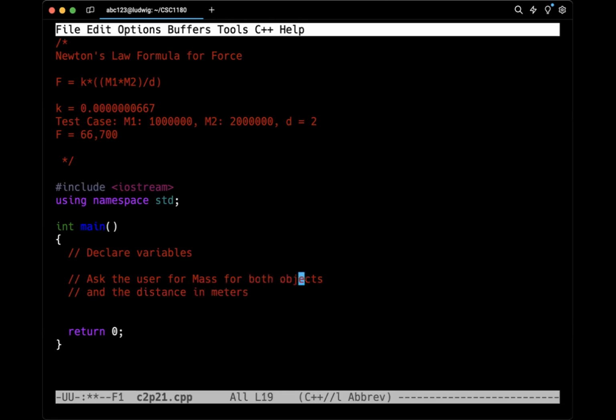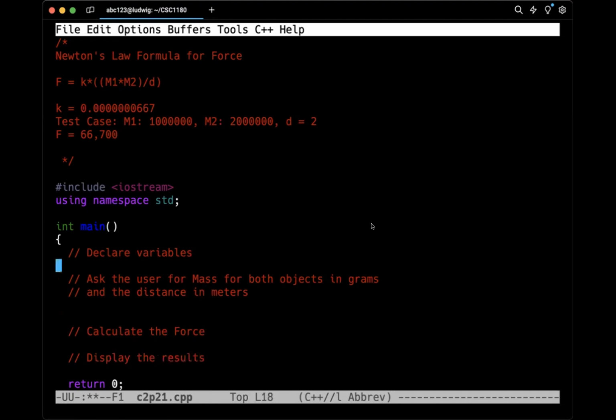I think if we can read it, it doesn't really matter that much. It looks like it's in grams. So the mass for both objects in grams, and then the distance is in meters. We can then calculate the force, and then display the results.